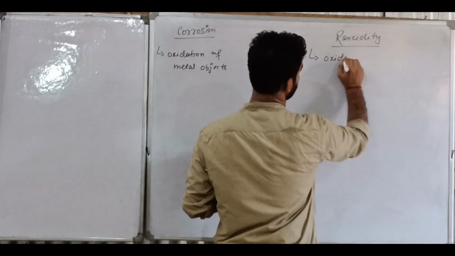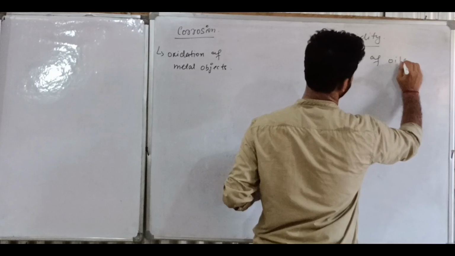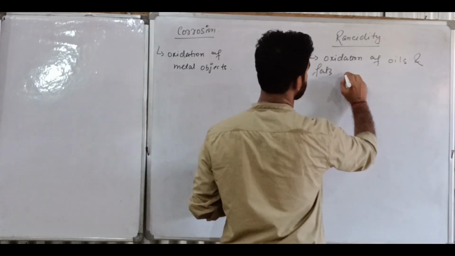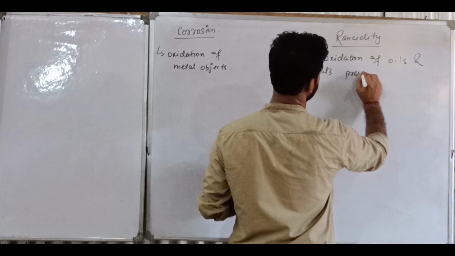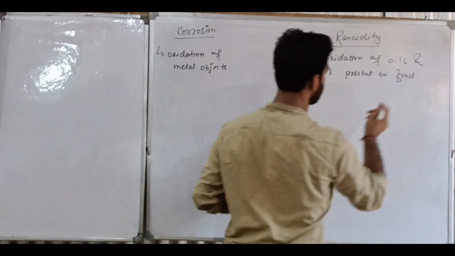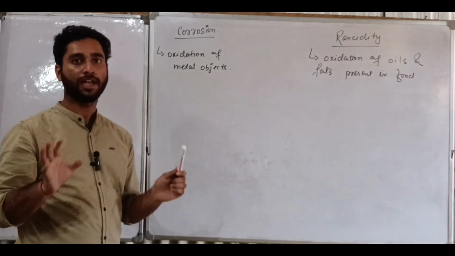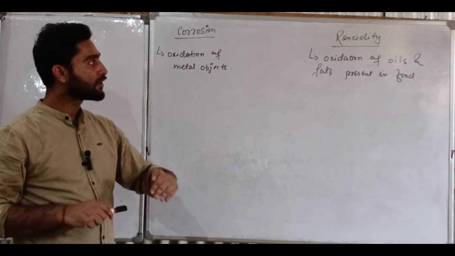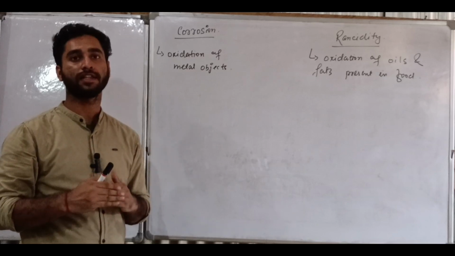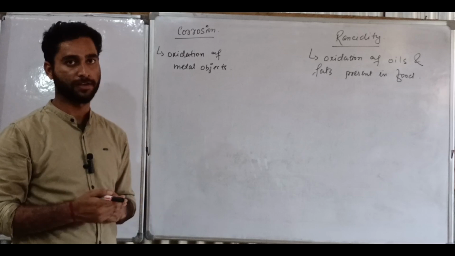Rancidity means the oxidation of oils and fats present in food items. So when the food items containing oil and fat undergo oxidation, they develop a bad taste and a bad smell. For example, during summer, if we keep butter outside, we will see that it develops a bad taste and a bad smell.